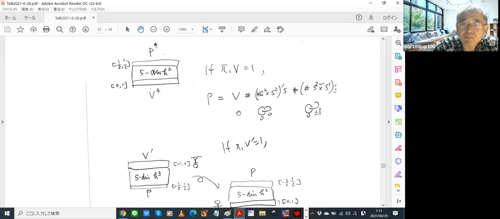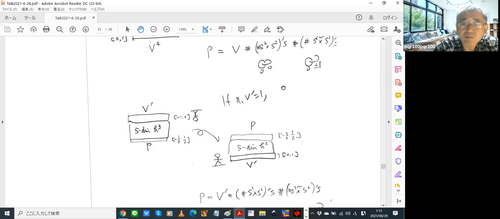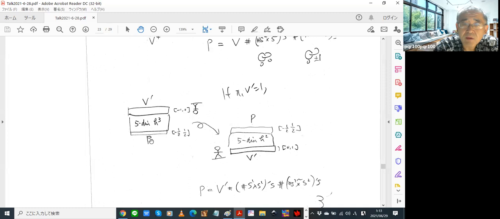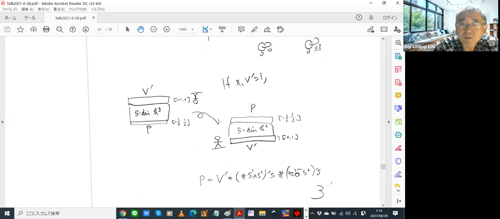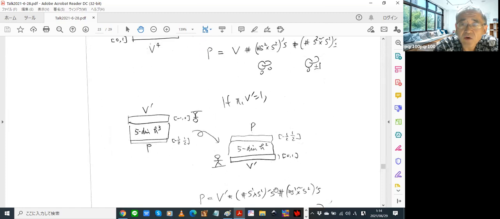So P is V connected sum S2 cross S2 or twisted S2 cross S2. In the same way, P is the connected sum of V prime and S2 cross S2 or twisted S2 cross S2. They are different.